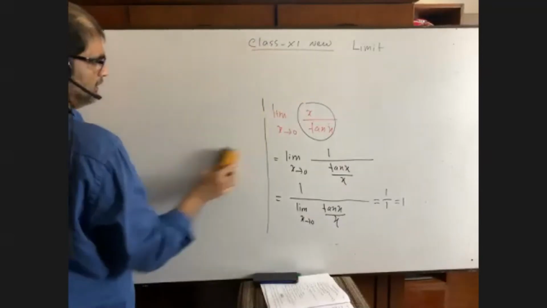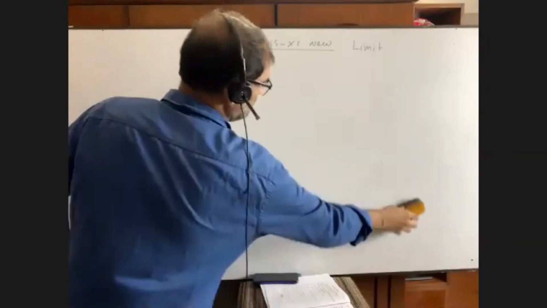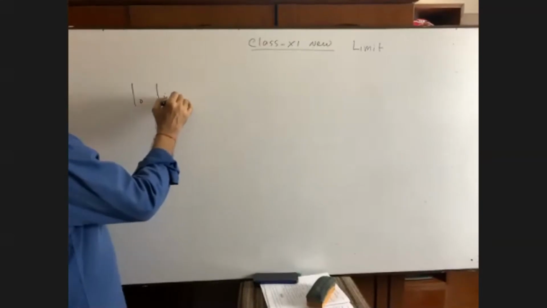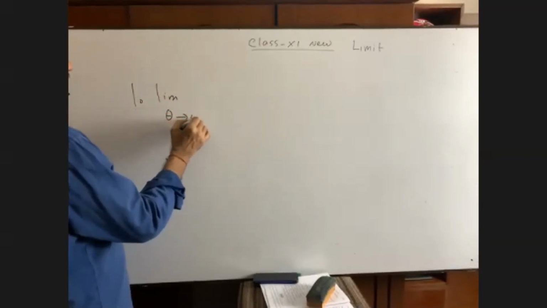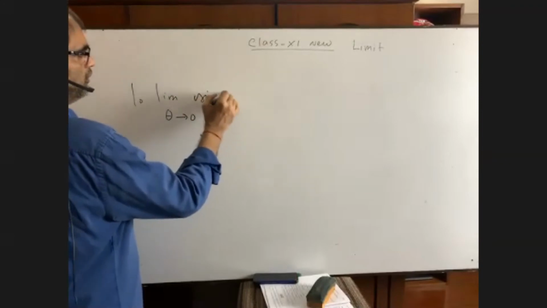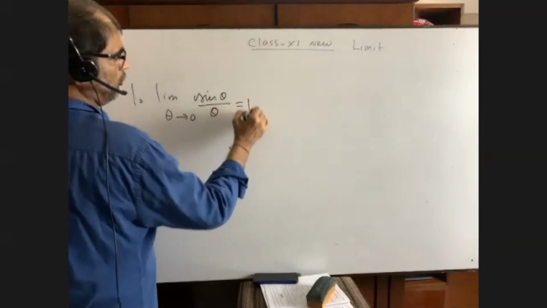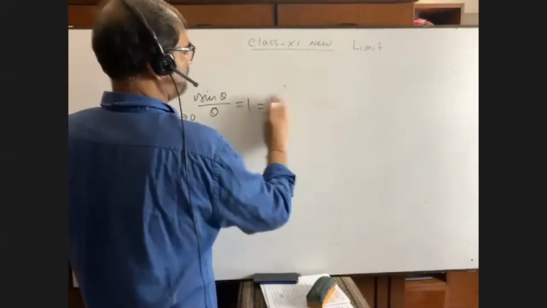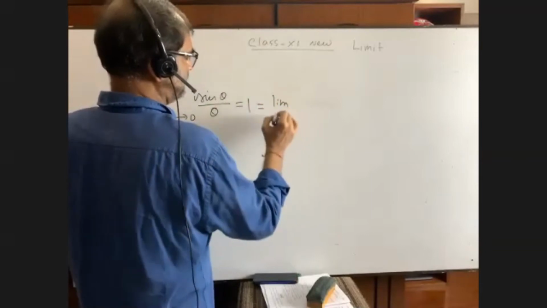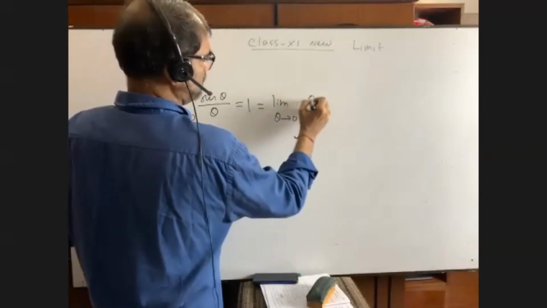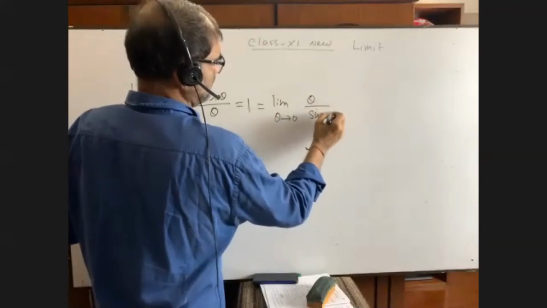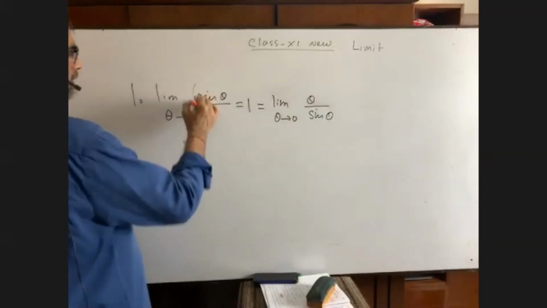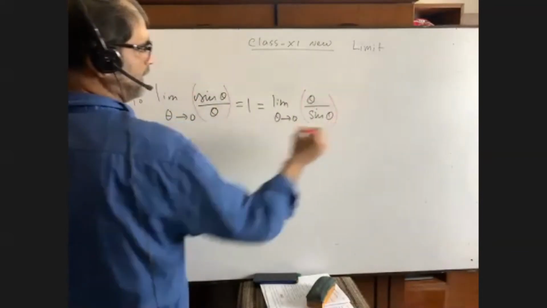You see the formula, then you will come to know. Write down the formula again. Limit theta tends to be 0, sin theta by theta is equal to 1, is equal to 1 by limit theta tends to be 0, theta by sin theta. I think you have got it. Okay.